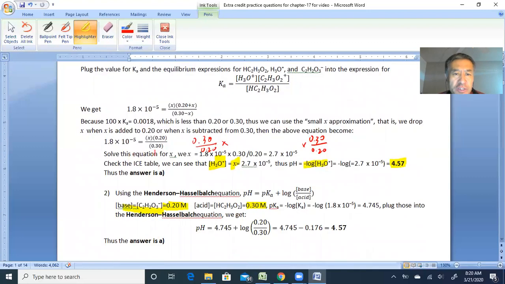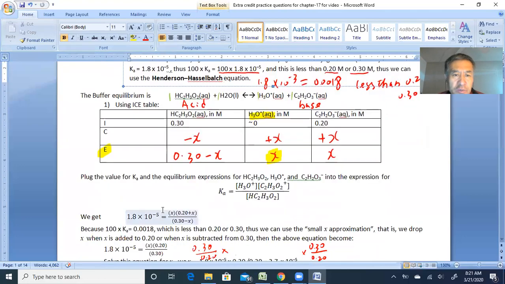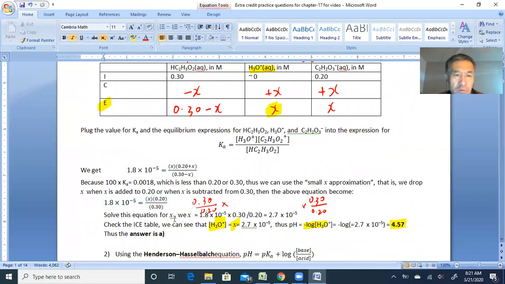Solving this equation for x, we multiply these fractions on the left side and also on the right side.